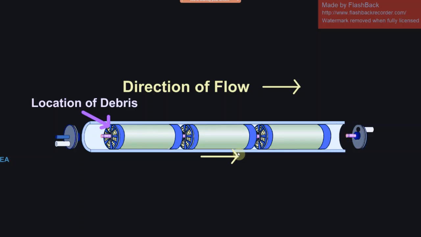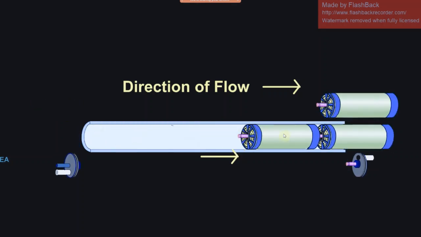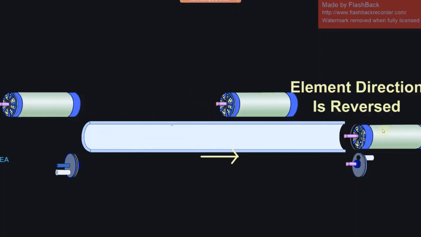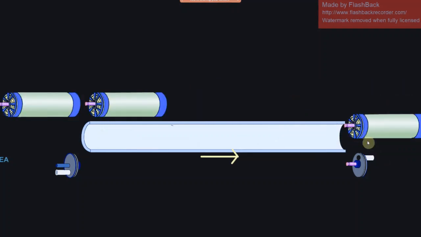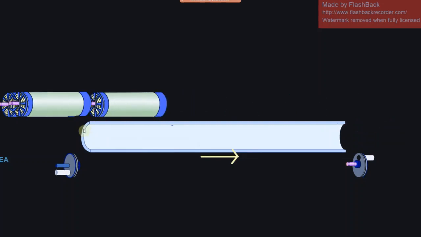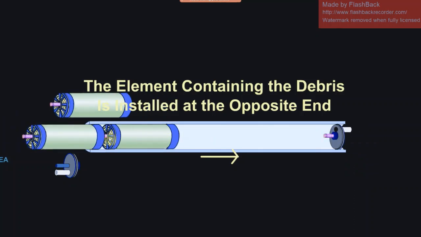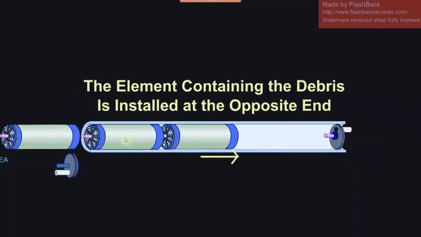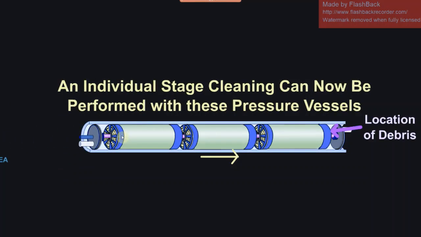Okay. See what is happening here. The lead end membrane which had the fouling, all the membranes are taken back. So second membrane, third membrane. The first membrane is reversed and put as the third membrane. Then the second membrane will come in place of the second membrane, and the third membrane will come in as the first membrane.